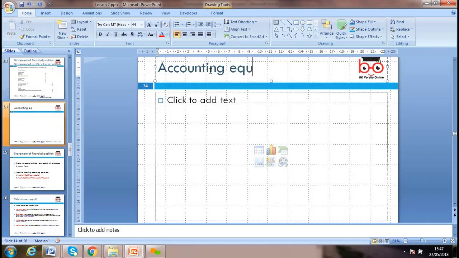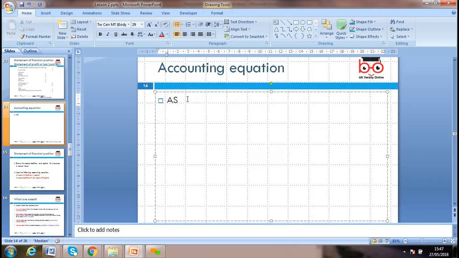Accounting equation. We say assets equal to liabilities plus capital. Liability goes on the credit side, and capital too. That is my debit side equal to credit side.